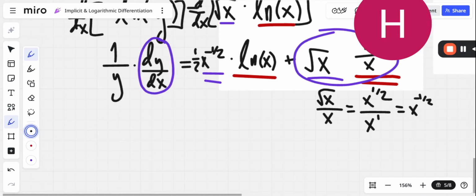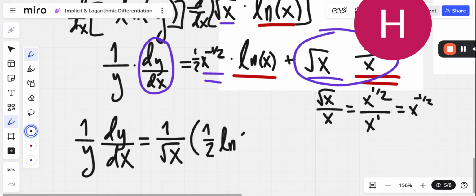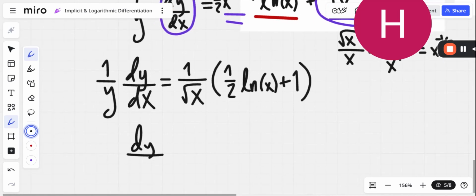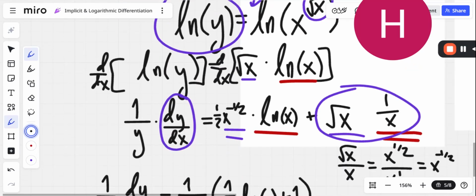So we're going to have 1 over y, I'm going to show my work carefully, 1 over y dy dx equals 1 over square root of x times 1/2 ln of x plus 1. And then we multiply both sides by y because we need to get the dy dx by itself. You're going to see this come up anytime you do logarithmic differentiation, because you're going to create a logarithm and its derivative is always going to be the same, 1 over.